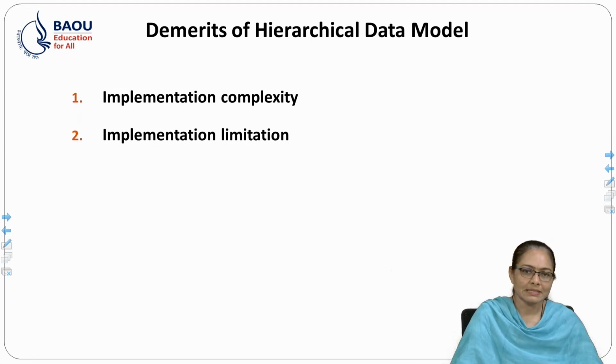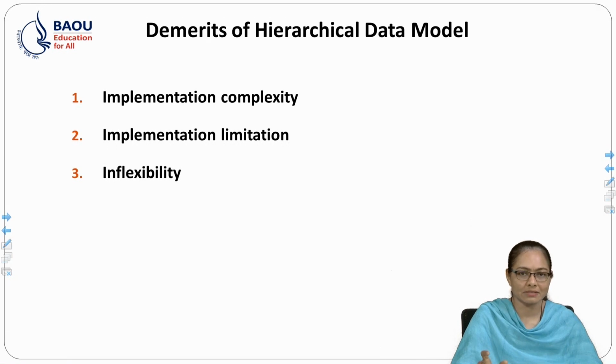Now the next is inflexibility. What do you mean by inflexibility? Because it uses a tree structure using links, when a parent node is removed, the child node is automatically removed.